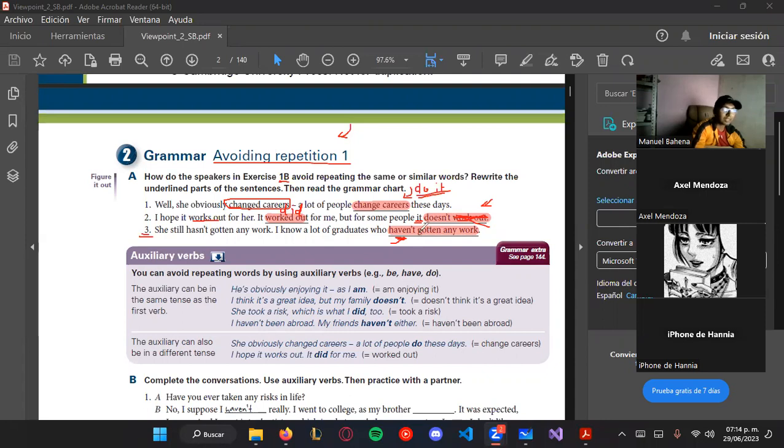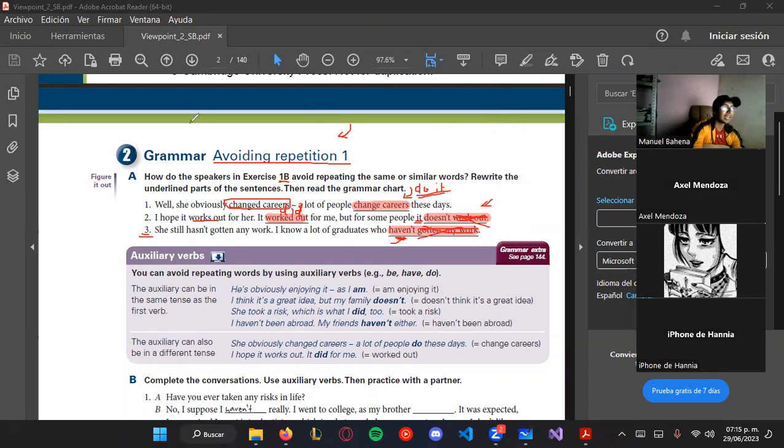Haven't? Yes, just haven't. Exactly. Who haven't. She still hasn't gotten any work. Ella aún no ha obtenido ningún trabajo. I know a lot of graduates who haven't. Conozco a muchos graduados que tampoco les ha funcionado.